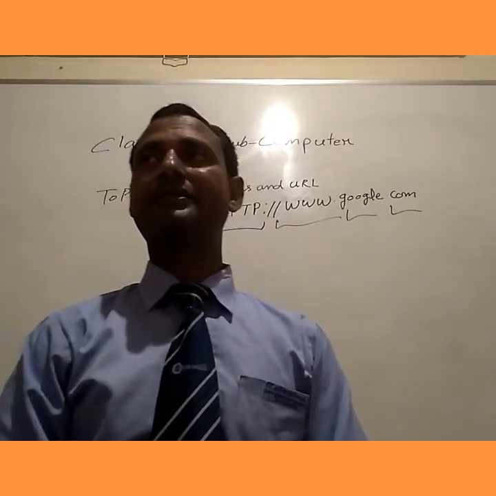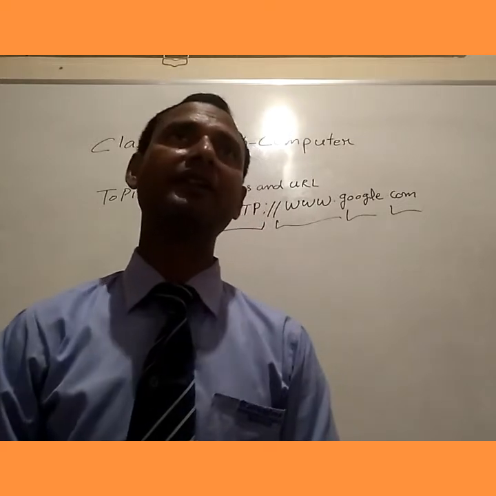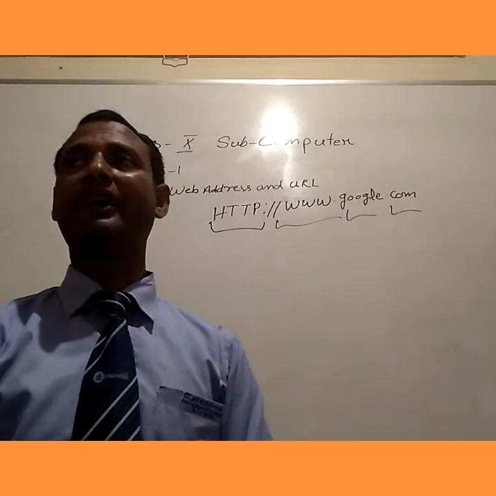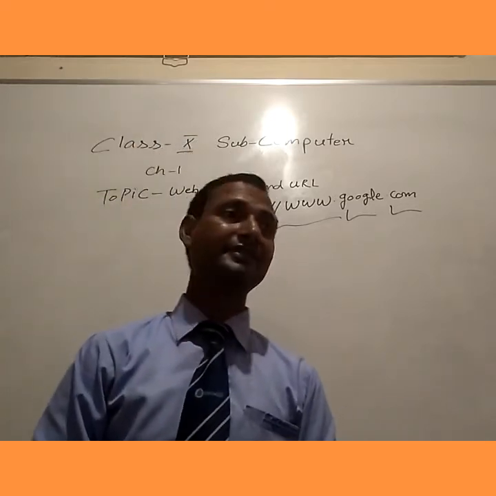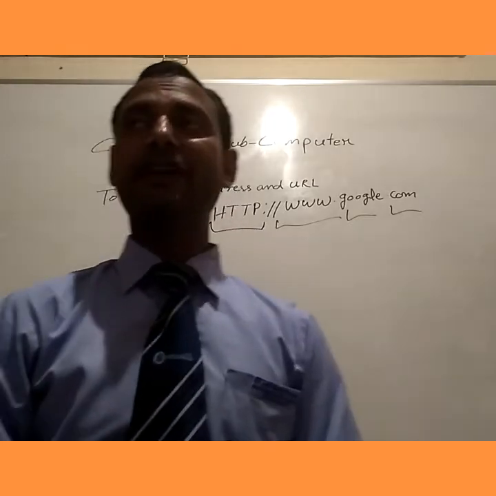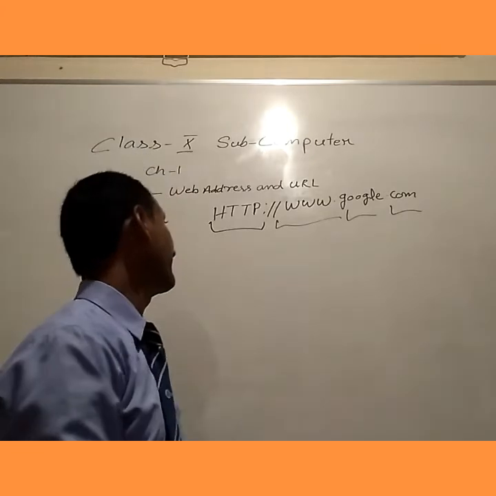Every website's web address is divided into 4 parts, and the 4 different parts are separated by colon, slash, sometimes dot. Different components of the address are given.